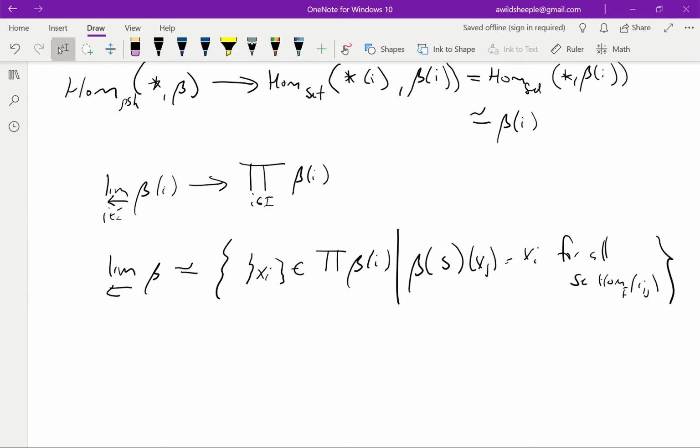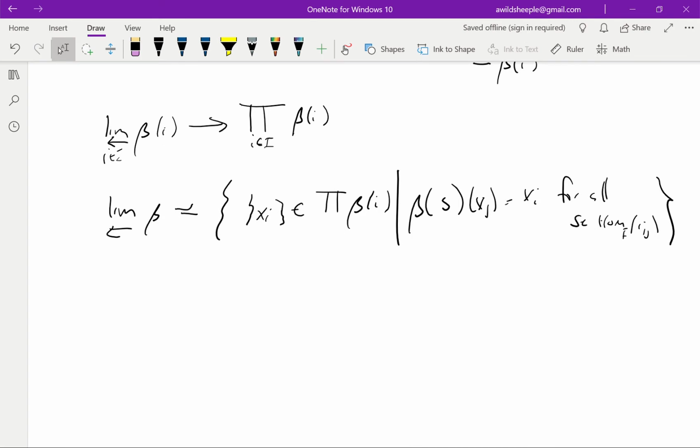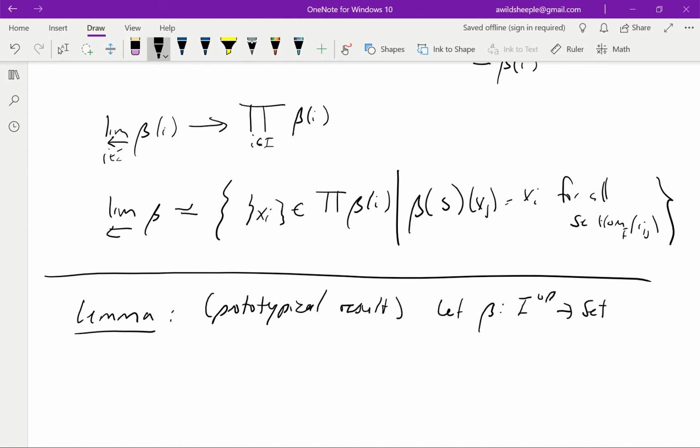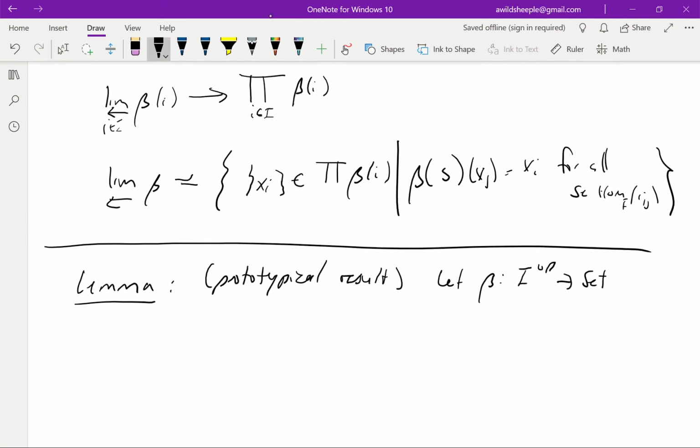Okay, now let's prove a prototype of a big result to come later. I feel like every one of these videos should contain at least a couple of proofs, so let's do a prototypical result. So suppose we have a functor beta, I opposite to Set, and x just any set.